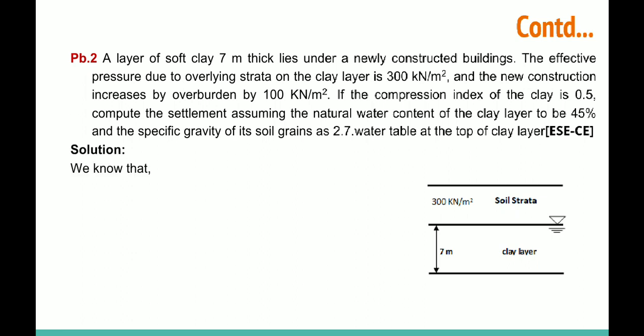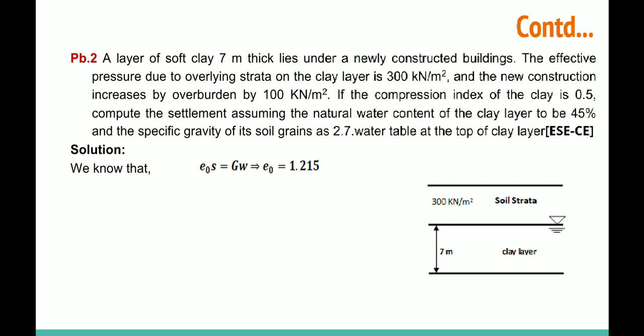We can apply this relation for the initial condition of soil before consolidation. For the initial condition we write the void ratio as e naught. In this relation S is the degree of saturation, and for the consolidation process the degree of saturation would be 100%, so we take S equal to 1. We have G value 2.7, w we had 0.45.